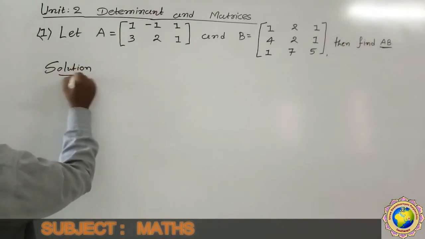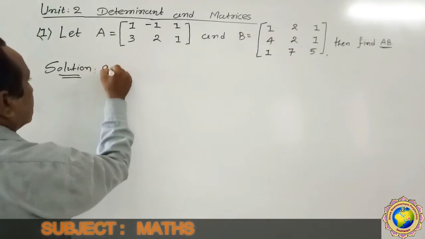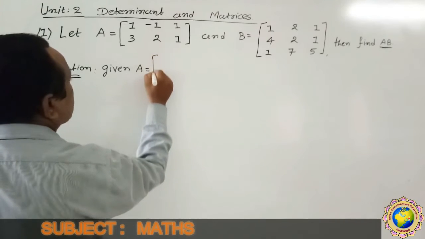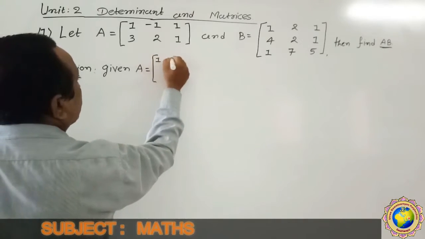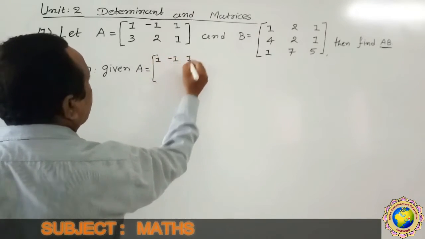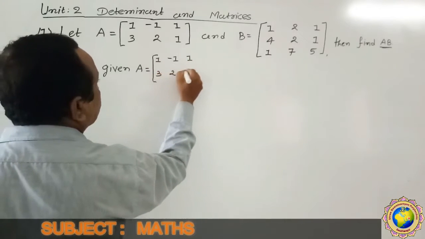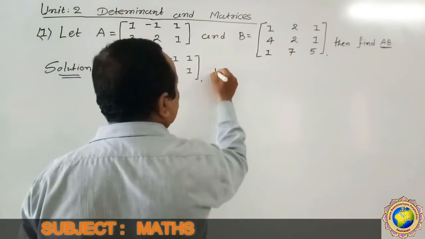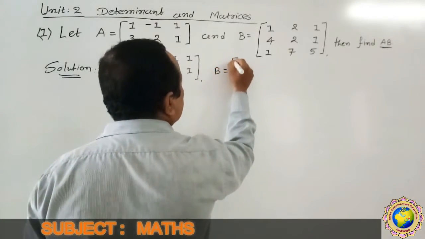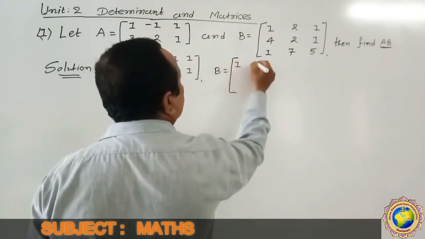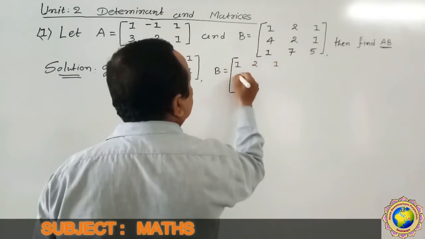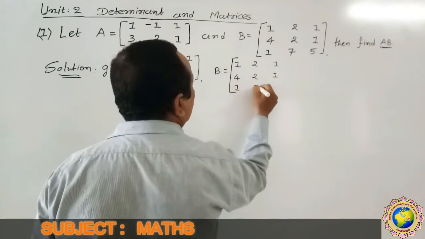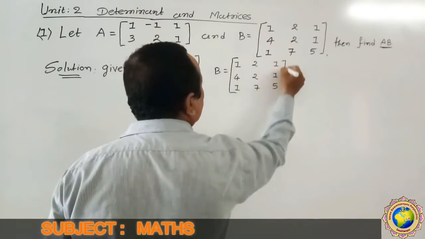Here given A is equal to 1 minus 1 1, second row 3 2 1, and B is equal to first row 1 2 1, second row 4 2 1, and third row 1 7 5.